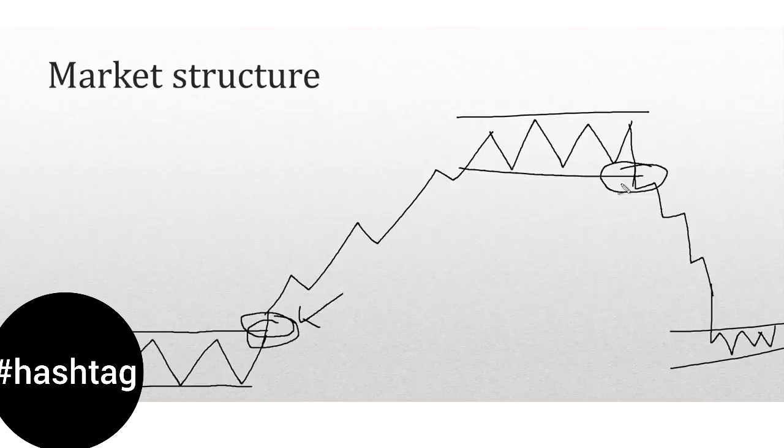But this is market structure, and I want you to be aware that the markets don't just move randomly. There is an ebb and flow to it. Not always 100% does it move in such a nice theoretical example as the one I just shared with you, but generally you can attach this framework to whichever markets you're trading.